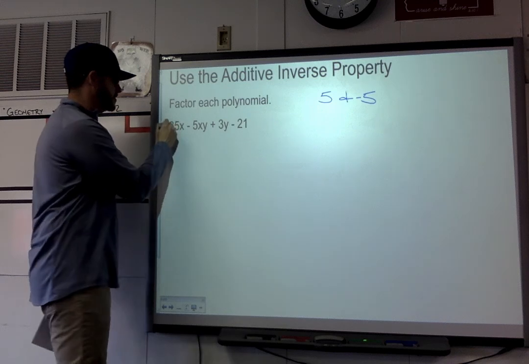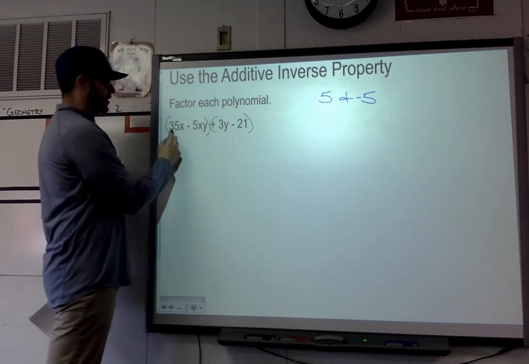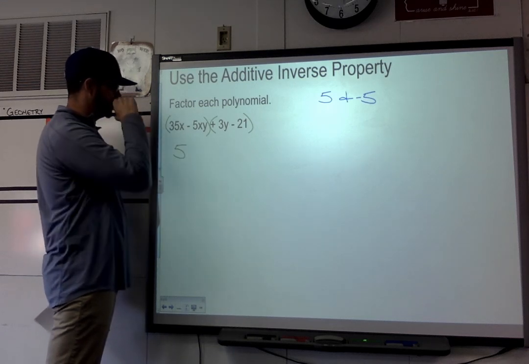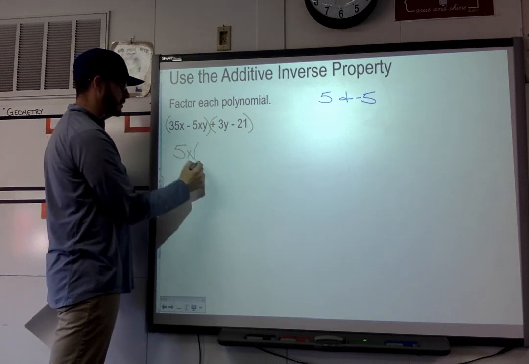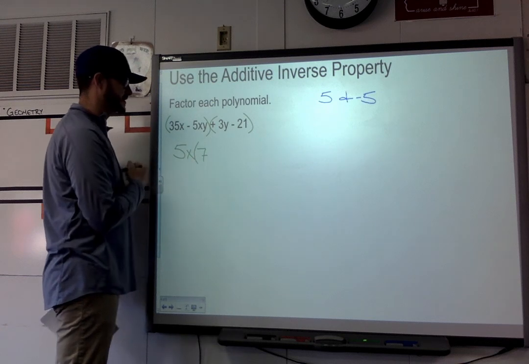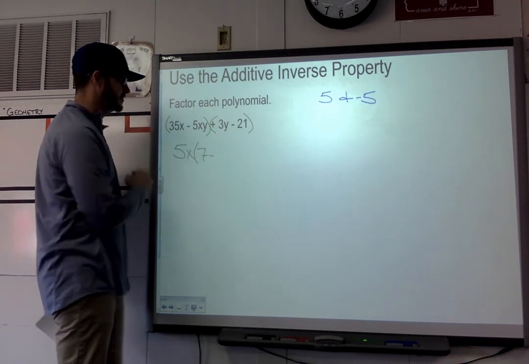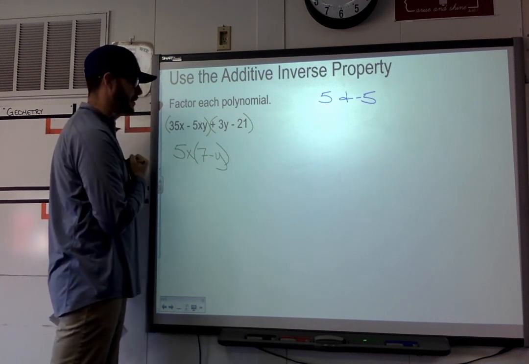So if we factor this out by grouping, 35 and 5, we can take a 5 out of each of those, and then x and xy, we can take an x out. 35x divided by 5x leaves us with 7, minus 5xy divided by 5x leaves us with just y.